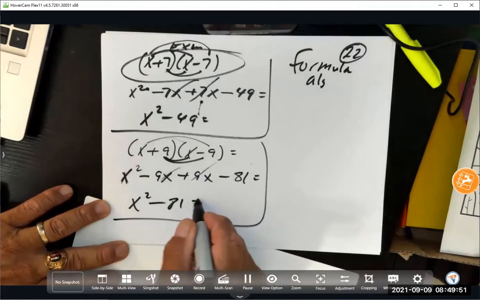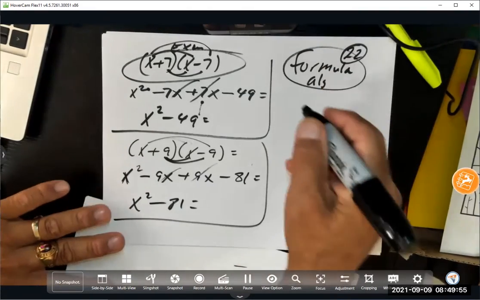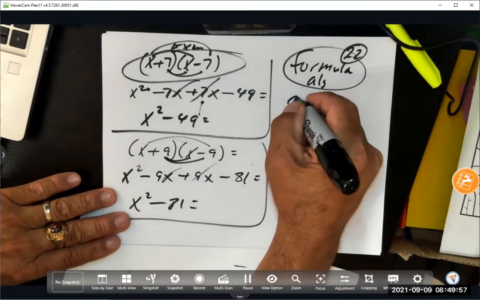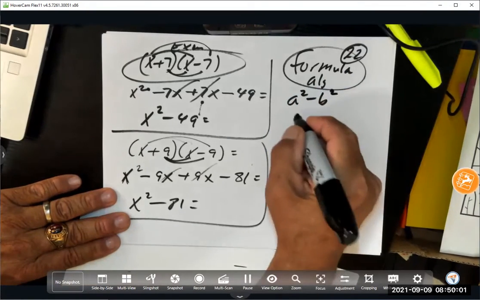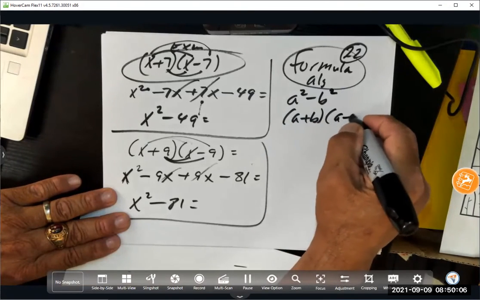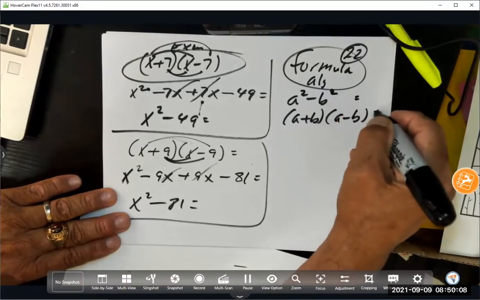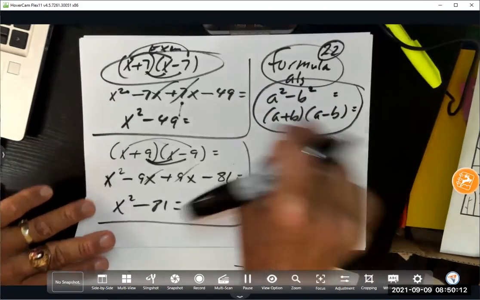So now I'm telling you that you can reverse it. And the reverse is this. Anytime you have an answer that looks like a squared minus b squared, that means the original problem must have been a plus b and a minus b. This is a formula that says anytime you have squares minus squares, the original has to be this. So let me do one like this.